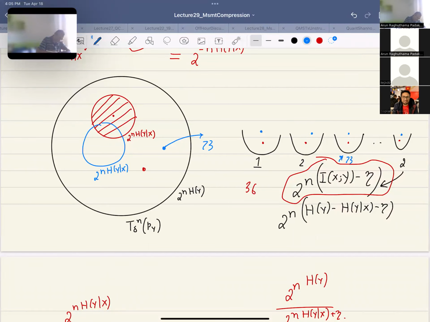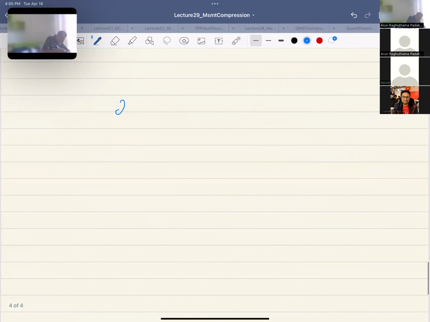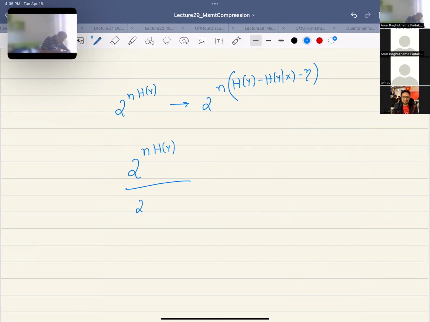The numbers add up, because each bin will have around so many sequences, because I'm partitioning. So 2 power n h of y are the total number of sequences. I am putting them in 2 power n h of y minus h of y given x minus eta number of bins. So every ball will have at least so many sequences.